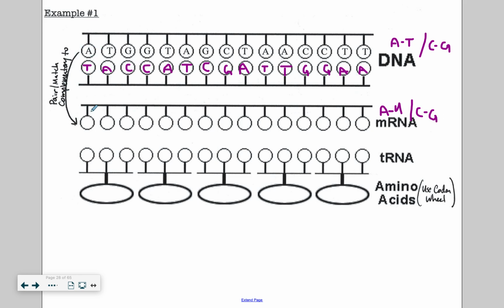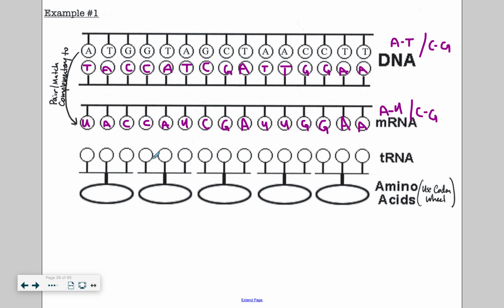So A pairs with U, T pairs with A, G pairs with C, G pairs with C, T pairs with A, A pairs with U, G pairs with C, C pairs with G, T pairs with A, A pairs with U, A pairs with U, C pairs with G, C pairs with G, and then T pairs with A, T pairs with A. Okay, so we've just figured out our mRNA sequence, mRNA strand, or messenger RNA.